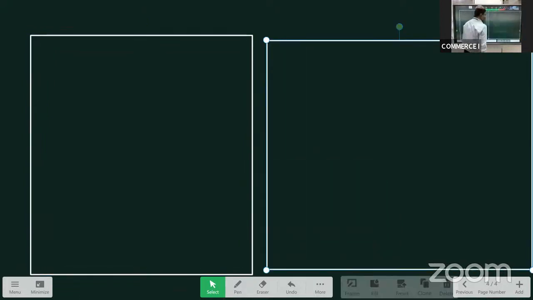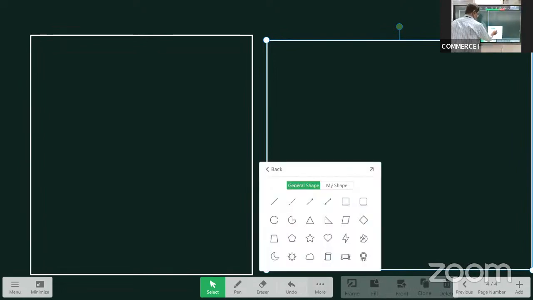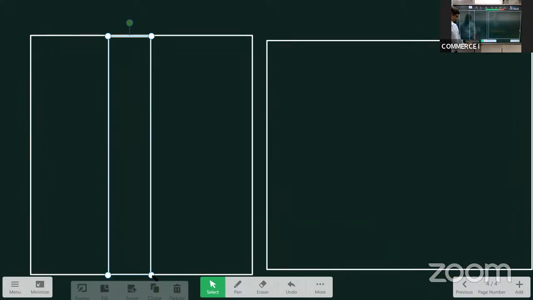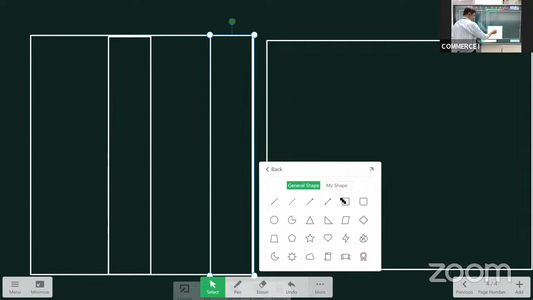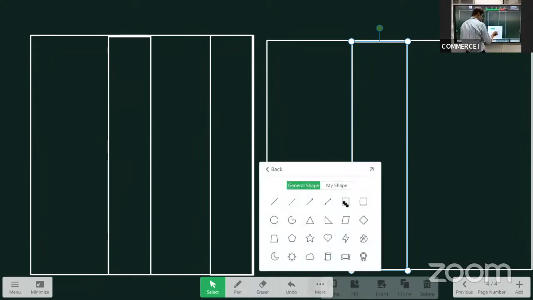For you to understand easily, I am putting it this way: the expenses related to purchases and the expenses related to factory will appear in trading. Expenses related to office will appear in P&L. You'll easily understand it this way.